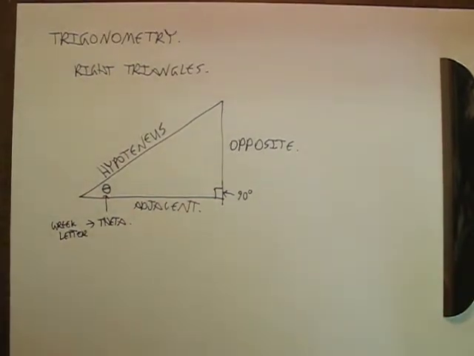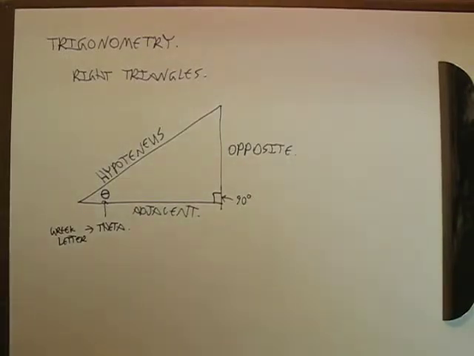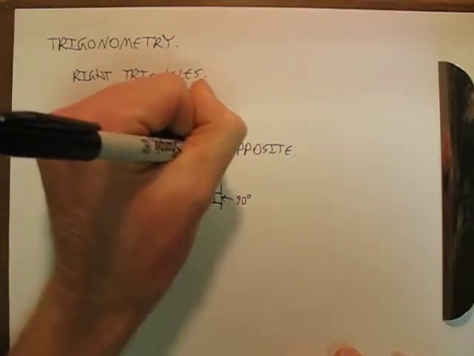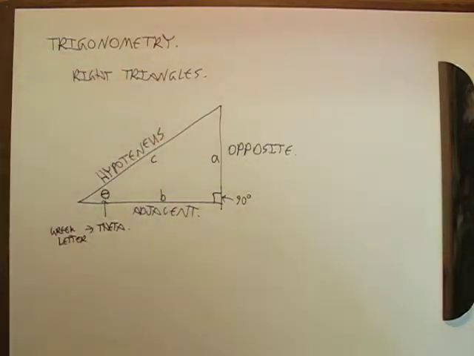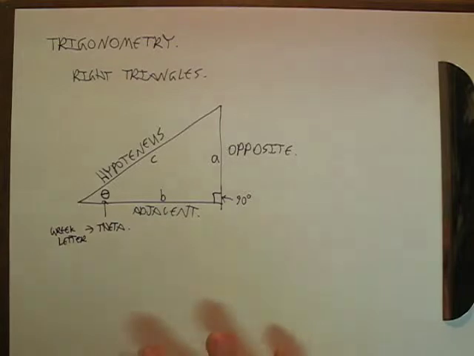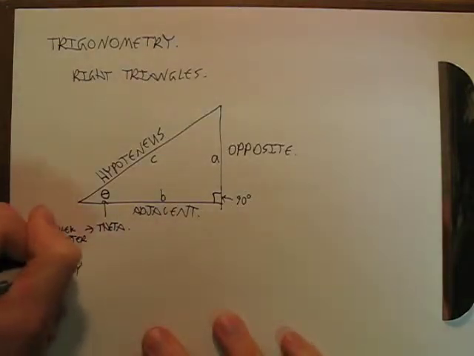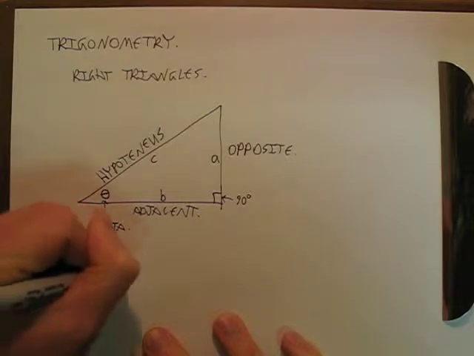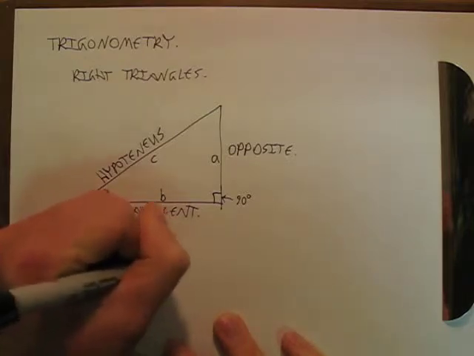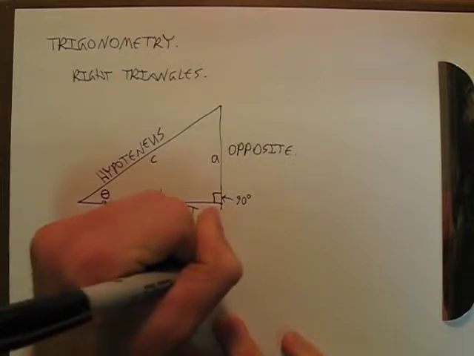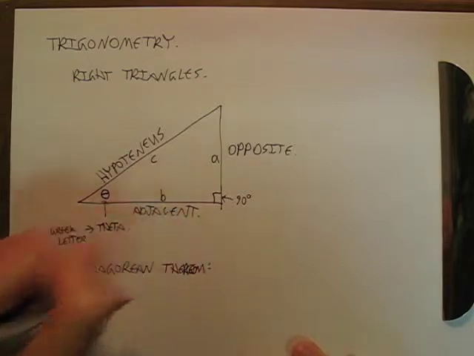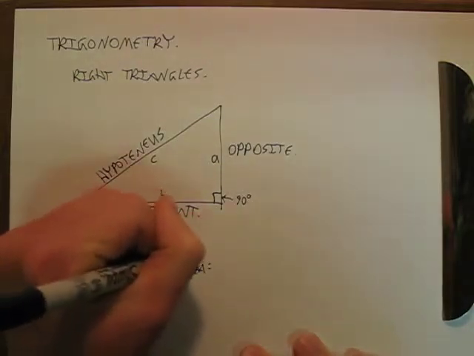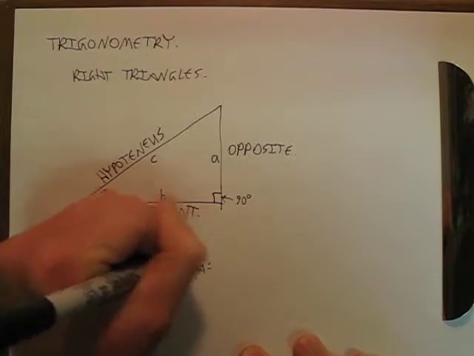And so we're going to come up with a few different relationships. We're going to use a couple different notations. We're going to call this side a, this side b, and this side c. And we're going to launch right in with our good old friend, the Pythagorean theorem, which you all know.